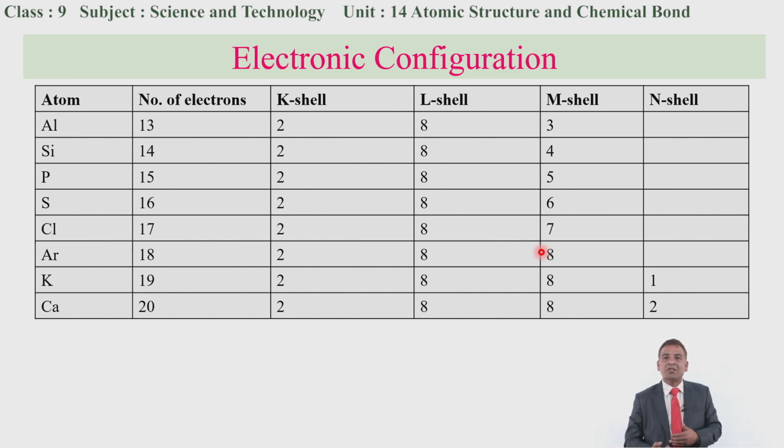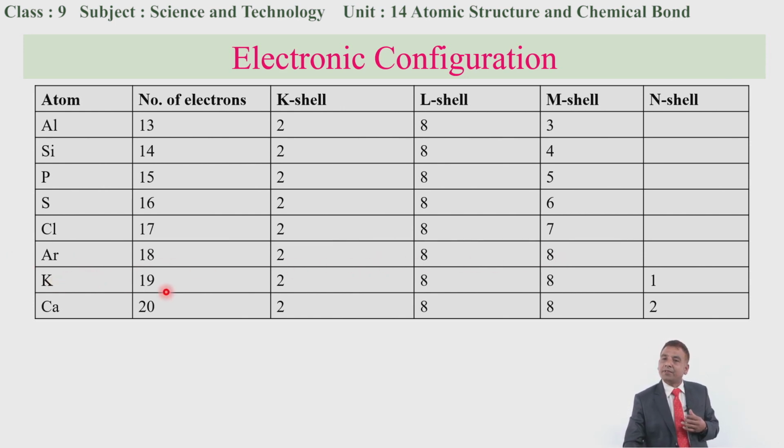According to the discussion in our earlier class, if an atom accommodates 8 electrons in its valence shell or outermost shell, then this state of an atom is known as the octet state. So in this configuration, the argon atom has attained the octet state, because it has 8 electrons in the valence shell.